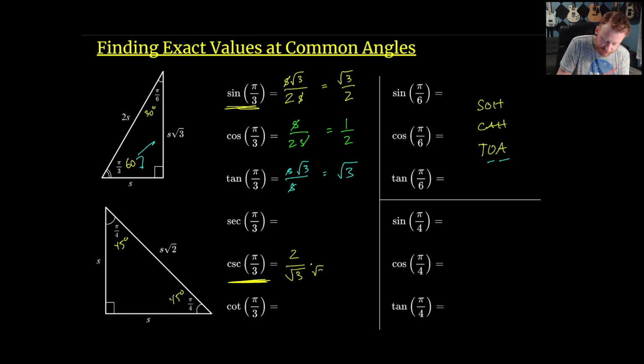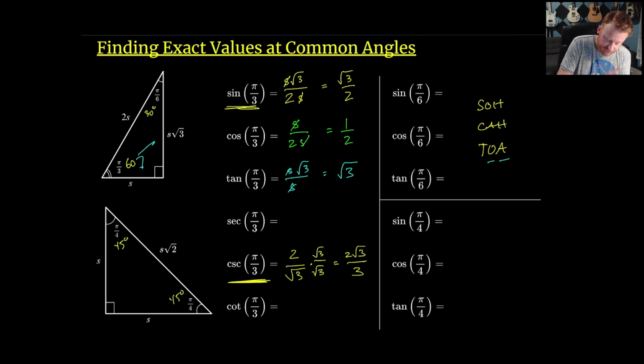Now we will rationalize the denominator there. We'll multiply by the square root of 3 over the square root of 3, and we get 2 square roots of 3 over 3. So that is the value of the cosecant at pi over 3 every time, because those relationships between the sides of those right triangles will always be the same.